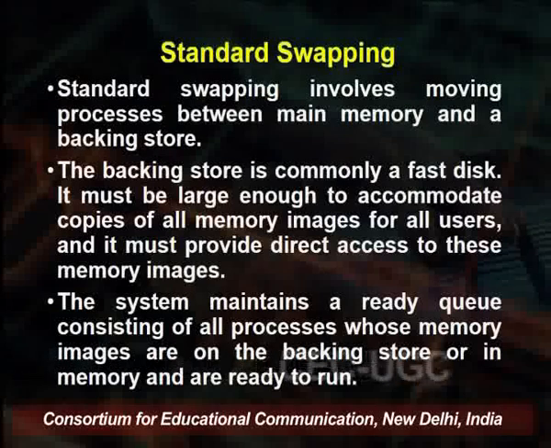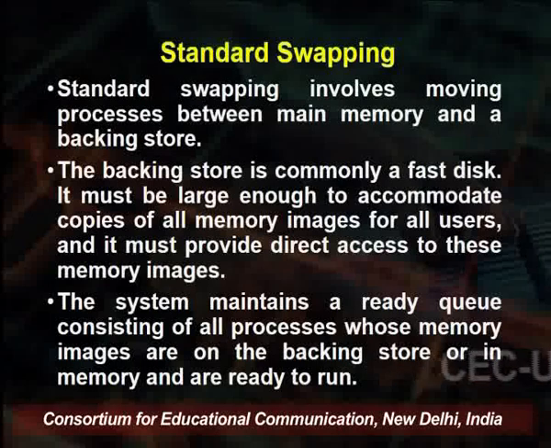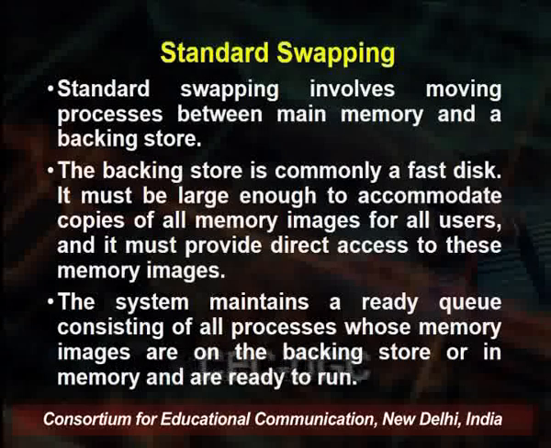The backing store is basically a fast disk with very large storage space to accommodate copies of all memory images for all the users, because we are looking at a multi-user, multiprogramming system. It provides direct access to all the memory images of all the users.